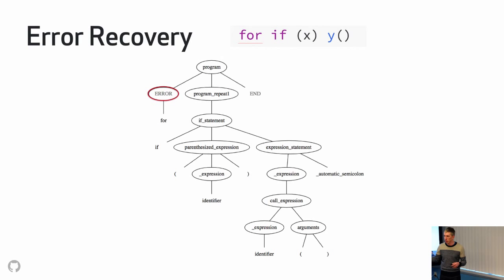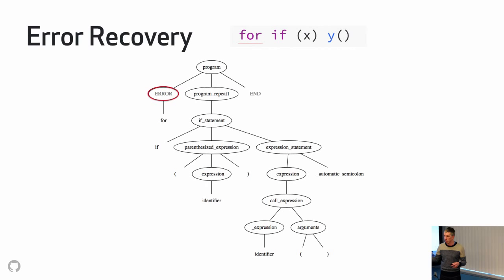And so here's an example where you have a JavaScript if statement, and then somebody started typing a for loop before the if statement. And so the code looks like this. And here's the syntax tree that Tree-sitter would want to generate, where it parses the if statement in its entirety, but the tree just contains this one special type of node called an error that just indicates the fact that the word for is not supposed to be there.